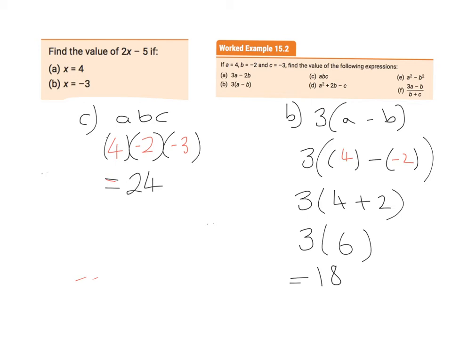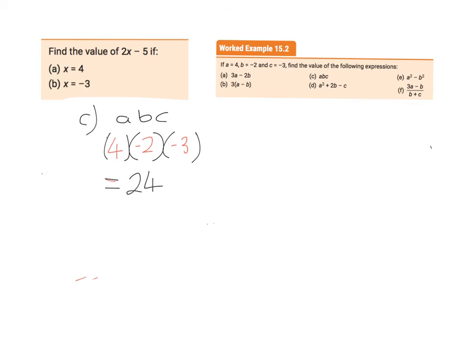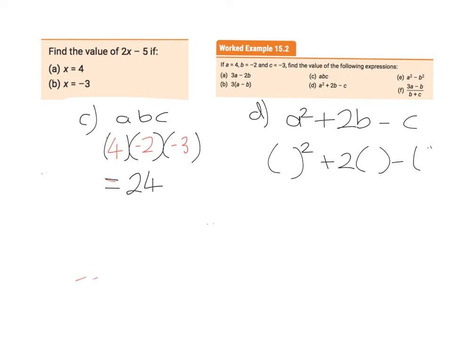For part D then, we've got A squared plus 2B minus C. So just brackets instead of my variables. Instead of an A, 4. Instead of a B, -2. Instead of a C, -3.